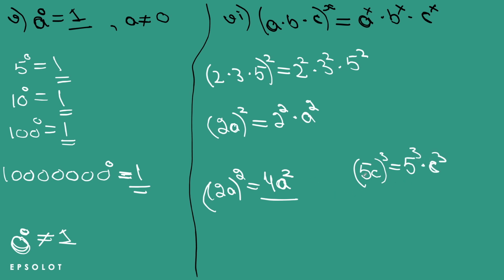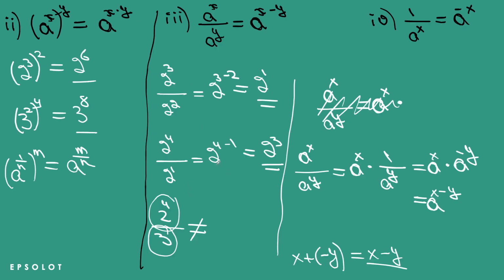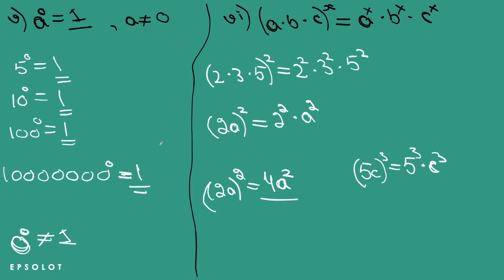And it doesn't matter how many variables you have in that bracket. If you have 10 variables, all 10 of them are raised to that power. You could also look at it from another view, like the rule that we saw earlier, that if you have a bracket, then the exponents are being multiplied with each other, right? So in this case, you could also argue that you have a 1 and you have a 1.